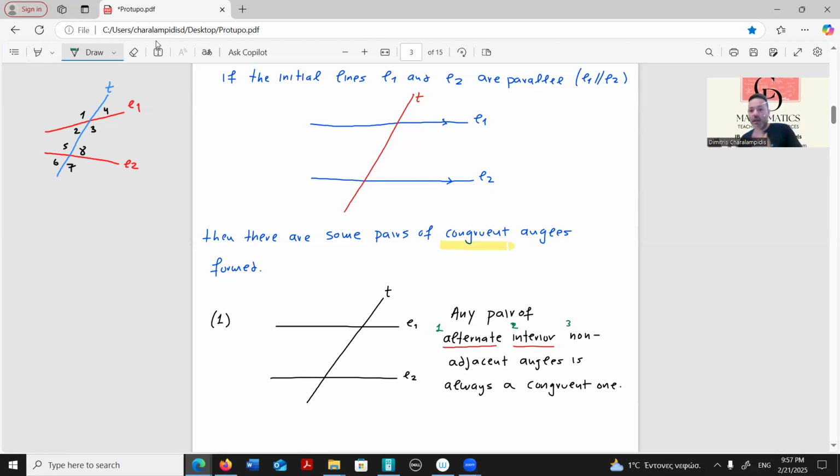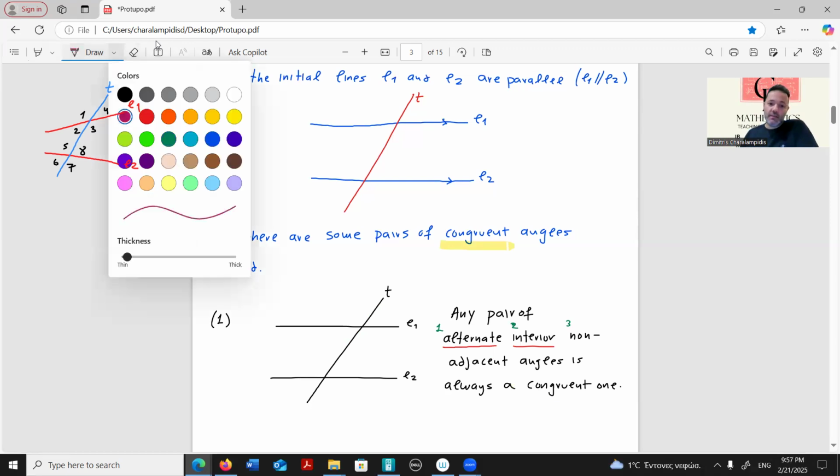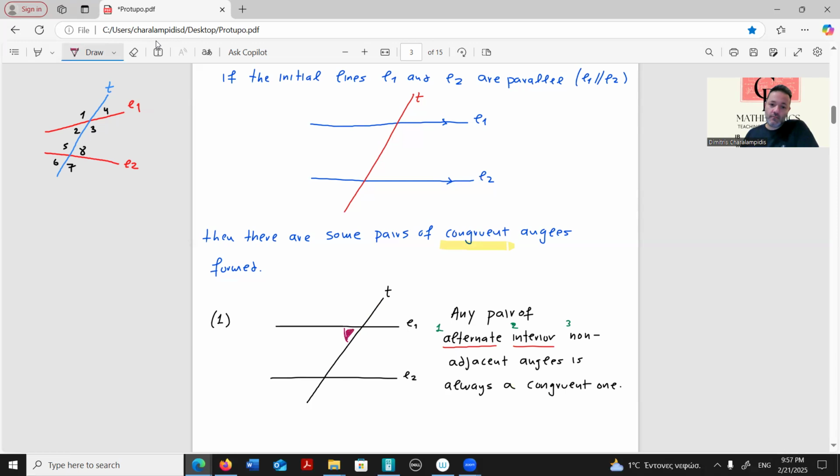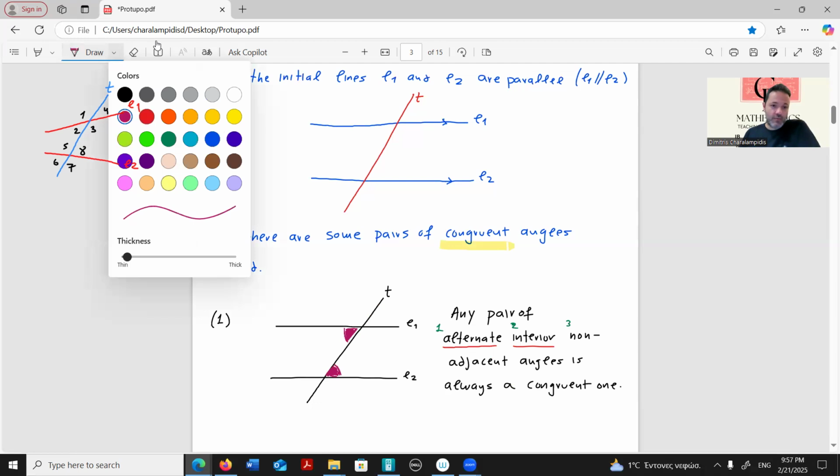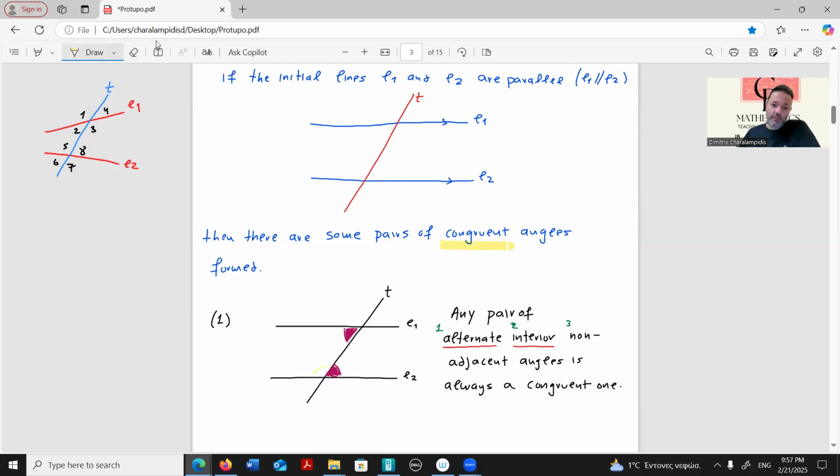Adjacent means one next to the other, so we don't want the case I previously drew. So what is the case that we need? We need this and that. This is a pair of alternate interior non-adjacent angles. Is this the only one? No. It could also be this one, this and that.